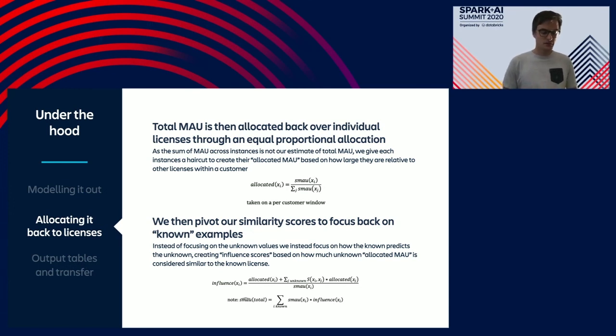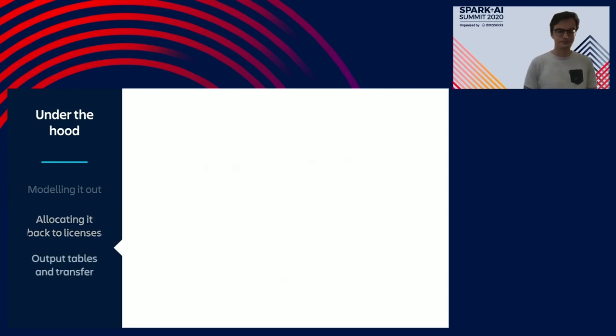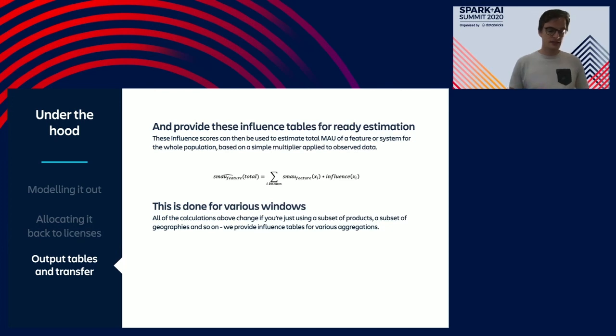And that influence score, or 2 in the situation as described, is what we build out for each license in our estimation. Once we have those influence scores, they can be transferred quickly towards any active use calculation, such as a distinct count of users of a single feature only. It's the same way as we could before.